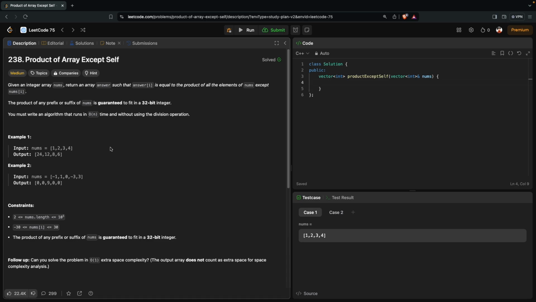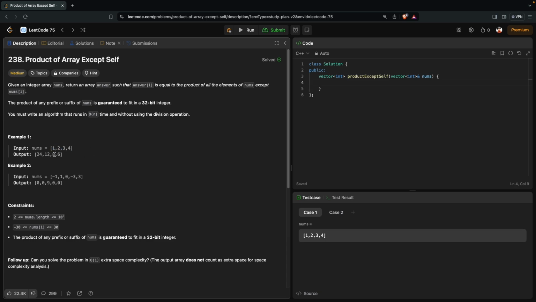So this is it. And some conditions which we need to remember are that the algorithm should be O(n) time, and we do not have to use any division operation, because there is one more way to solve this problem using division. Suppose we multiply these elements, right? We will get 24.